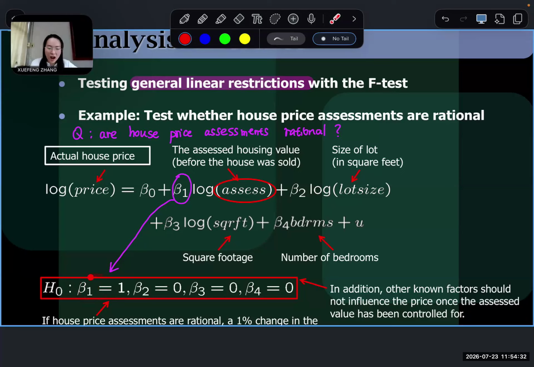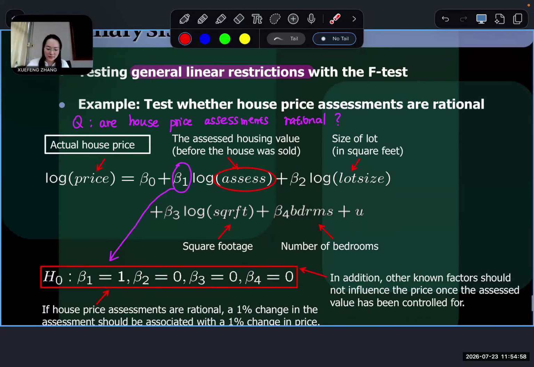So here, our restriction sets a coefficient to a specific non-zero value, which is 1, and the others to 0. This shows the real power of the F test, all right? It can test any combination of linear restrictions all at once, not just simple exclusion tests, not just 0. Let me write it down.